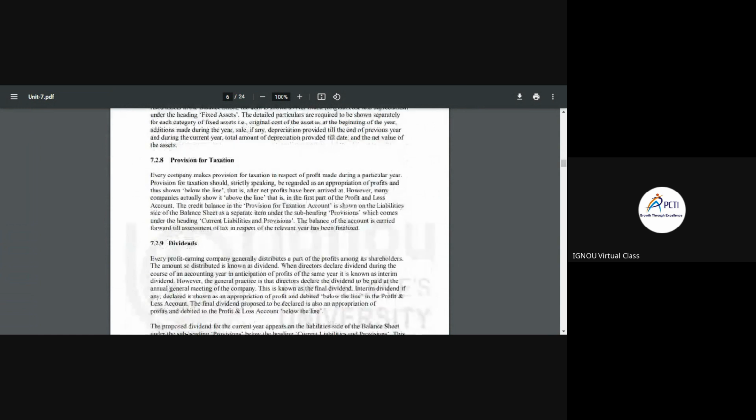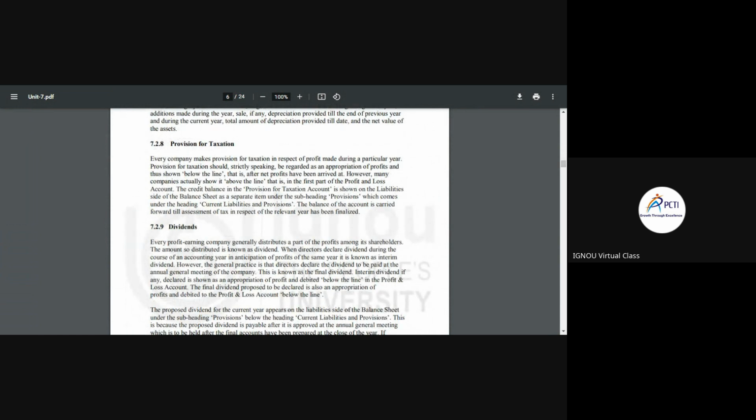Next one is provision for taxation. In business, we already know that we need to pay a certain amount of tax at the end of the year, based on the profits we are making and the provisions in the Income Tax Act for the company or the enterprise. According to that, we need to pay the taxation.